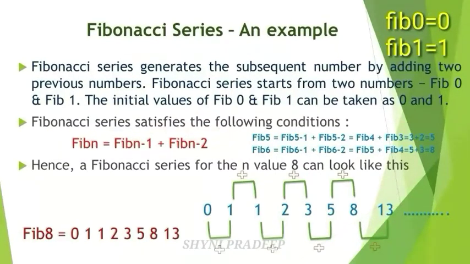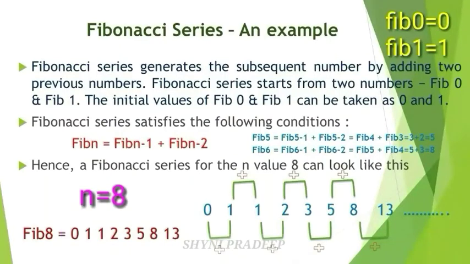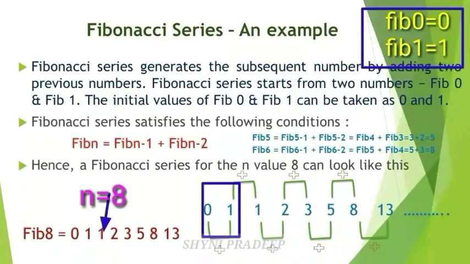If you want to calculate the Fibonacci series for 8 digits, n is equal to 8. The output you will get is like this. The definition: generate the subsequent number by adding the two previous numbers. These are the initial values. Add these two values, 0 plus 1, 1.